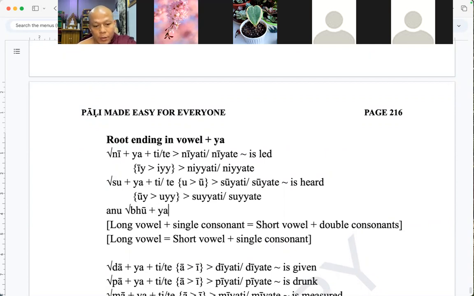So passive voice suffix ya, and then di. Nothing changed. So anu bu ya di, and then anu bu ya di. That means is experienced, is experienced in this way.